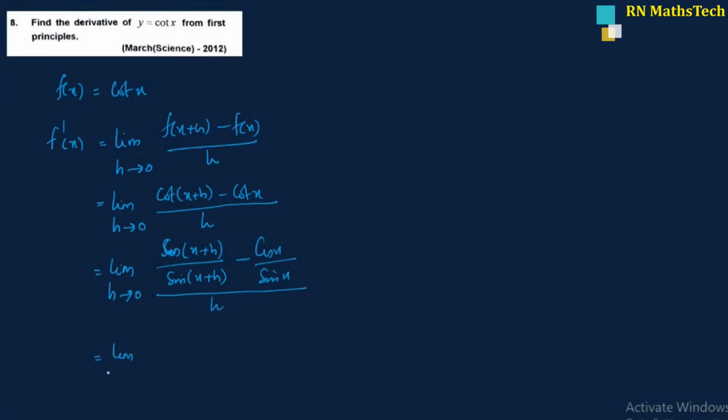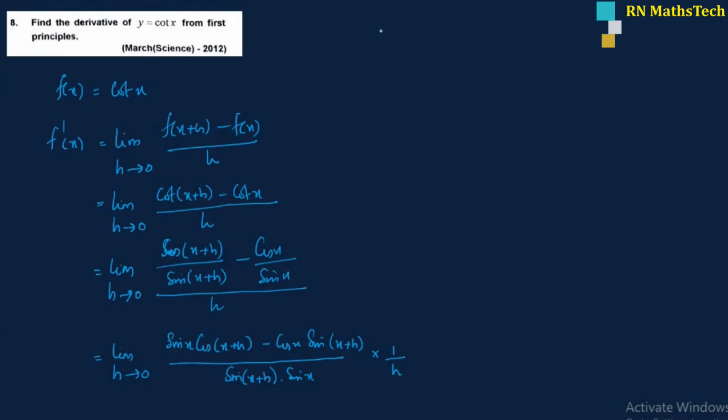Equal to limit h tends to 0, cross multiplying, cos of x plus h into sin x minus cos x into sin of x plus h, that divided by sin of x plus h into sin x, into 1 by h.